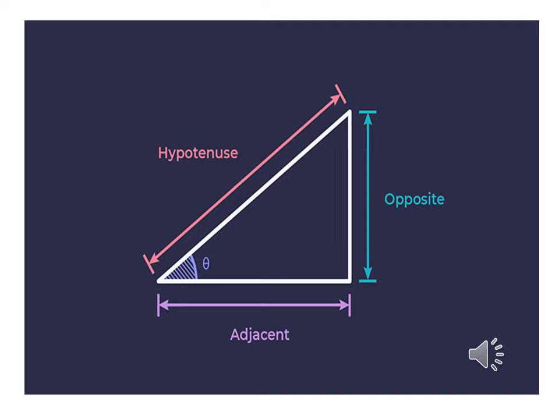And the third side is called the hypotenuse. So according to the adjacent, opposite, and hypotenuse, we will be measuring all the angles, because this depends upon your angles only. So be careful when you are finding which side is your adjacent side and which is your opposite side. Adjacent will be adjacent to your angle, that is theta.